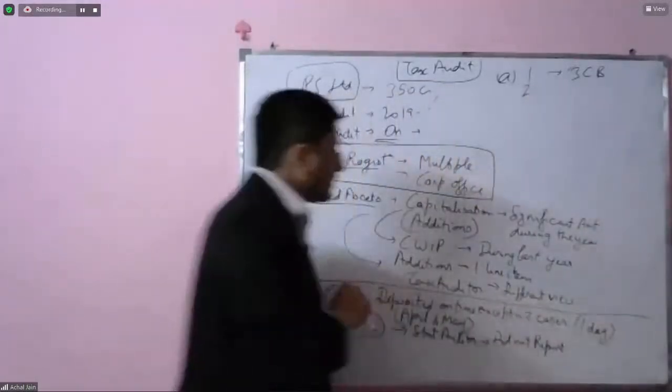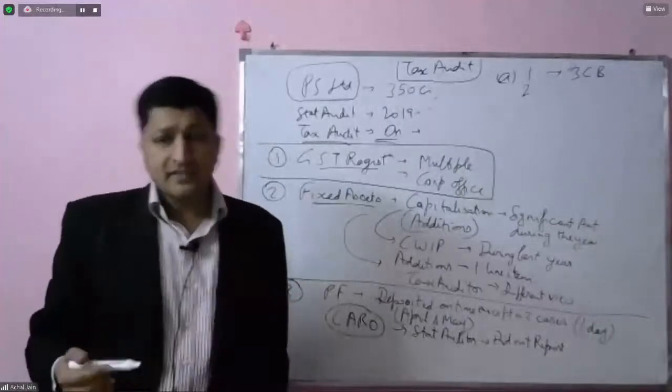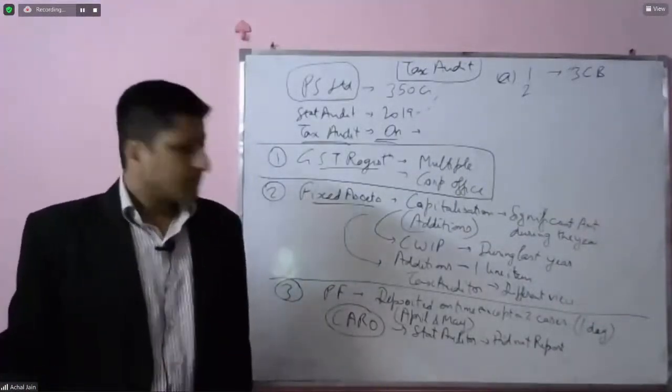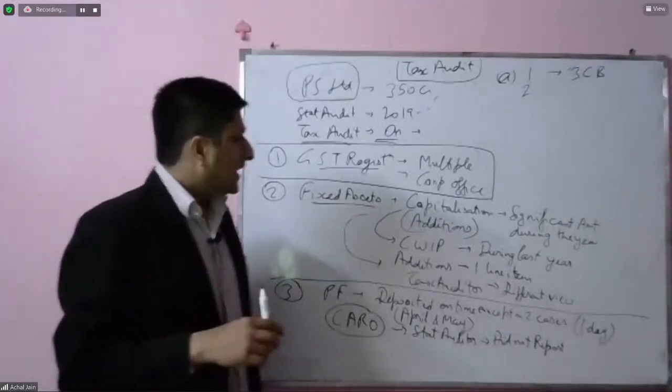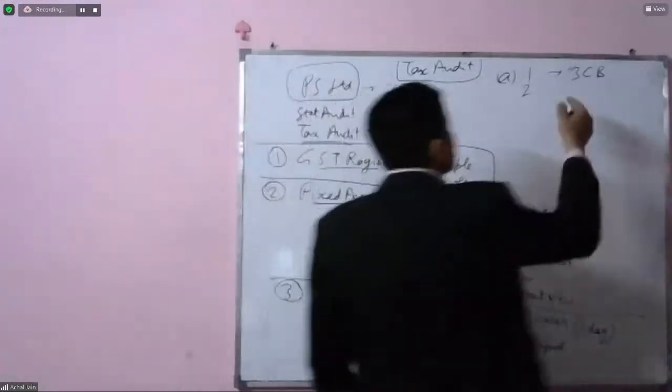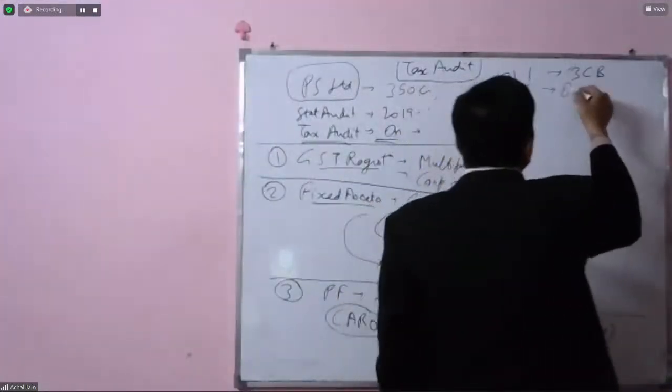For point number 2, around the fixed assets, I think it's a big problem. This is not acceptable by the auditor. Why? It's a huge amount. So that's why for point number 2, the auditor should give a qualification.